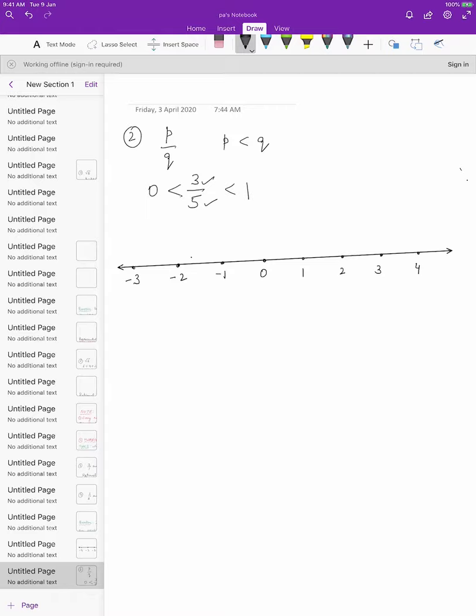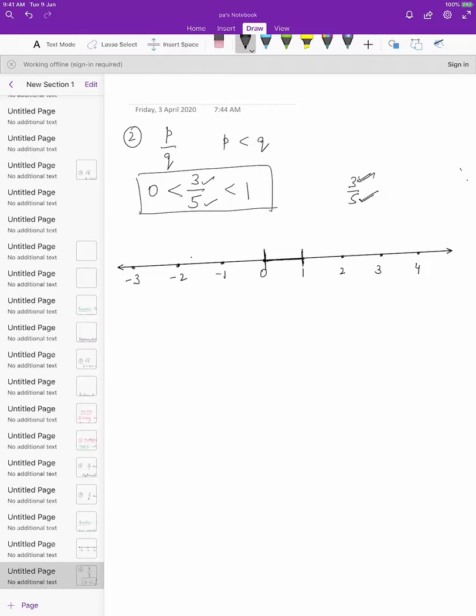I can read 3 by 5 as 3 out of the 5 parts of which portion? Definitely, when we have decided that 3 by 5 lies between 0 and 1, on the number line this is the portion between 0 and 1. And I have to represent 3 out of the 5 parts. So obviously this is the portion which I have to divide into 5 parts, and then I will take 3 parts out of those 5 parts.